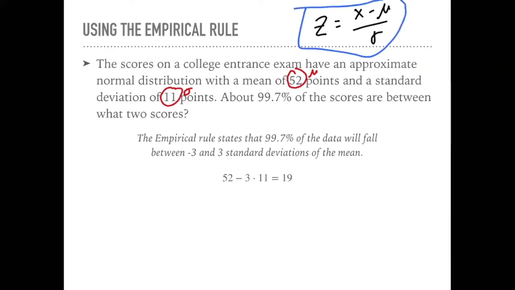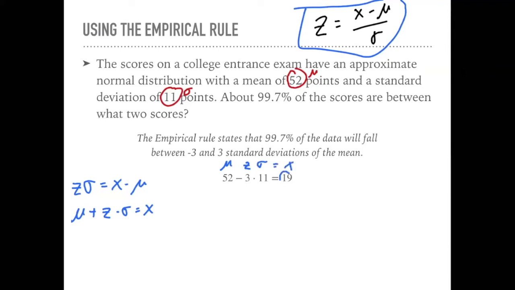So we're going to multiply both sides by sigma. So we have z times sigma equals x minus mu. So that means mu plus z times sigma equals x. So we plug in mu, we plug in z, we plug in sigma, we get x.